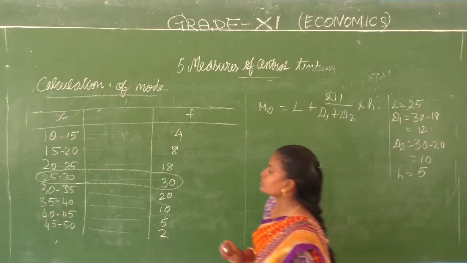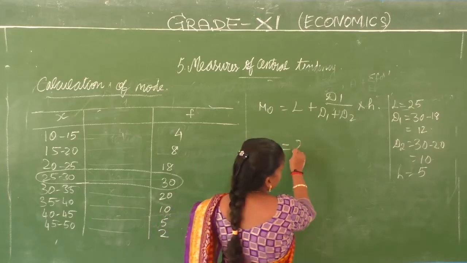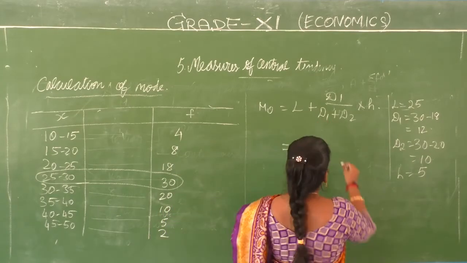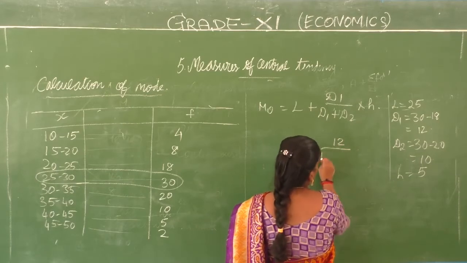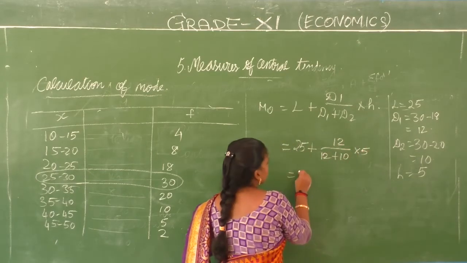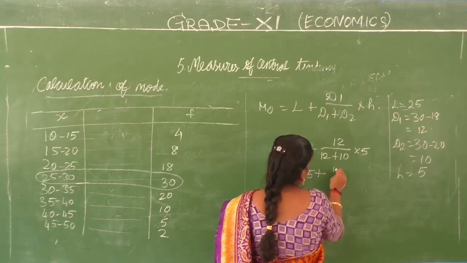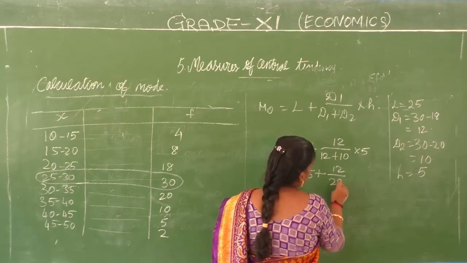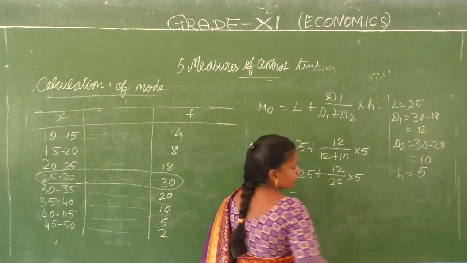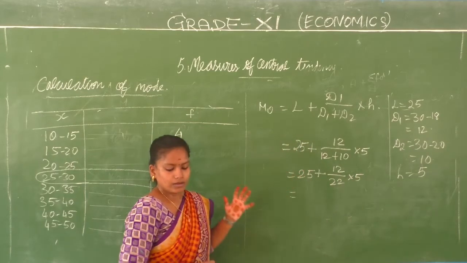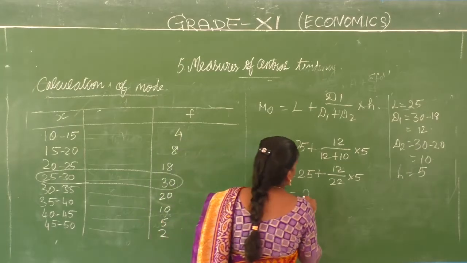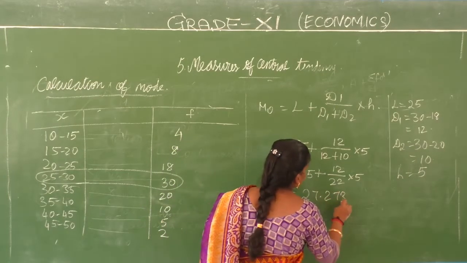When you substitute it, you get 25 plus, what's the value of D1? 12 divided by 12 plus 10, into 5, is equal to 25 plus 12 divided by 22 into 5. When you do the math using a calculator, you will get a value of 27.273.